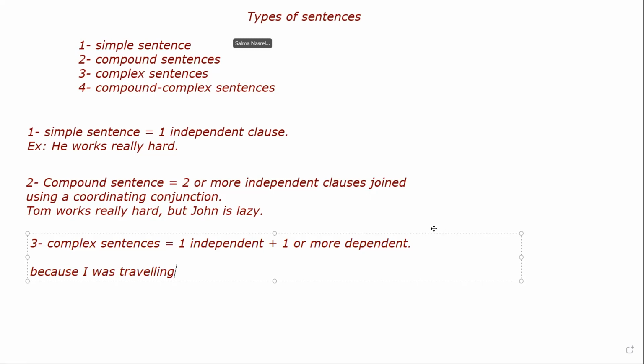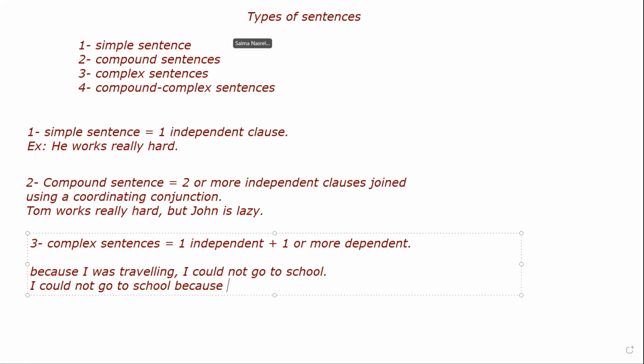But it can't stand on its own. So I need another independent clause. Because I was traveling, comma, I couldn't go to school. I can also write, I could not go to school because I was traveling.